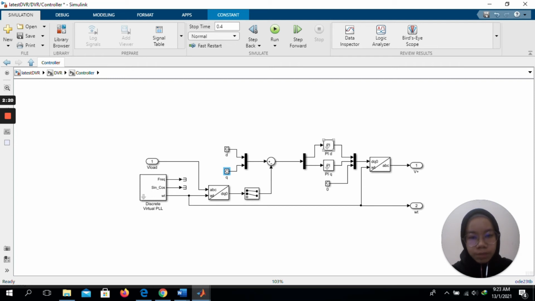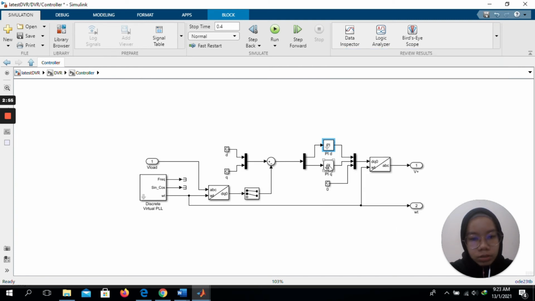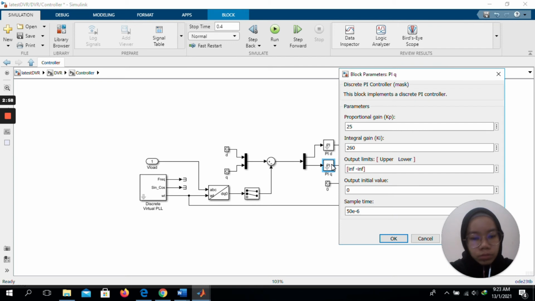This PI controller block is used for error signal D and also error signal Q. For signal D, we have set the proportional gain to 40 and the integral gain to 155. While for error signal Q, the proportional gain we set to 25, and for the integral gain we set to 260.